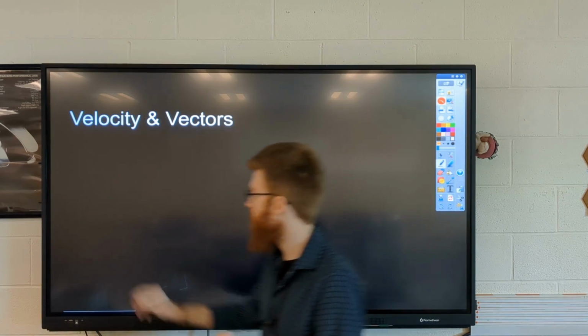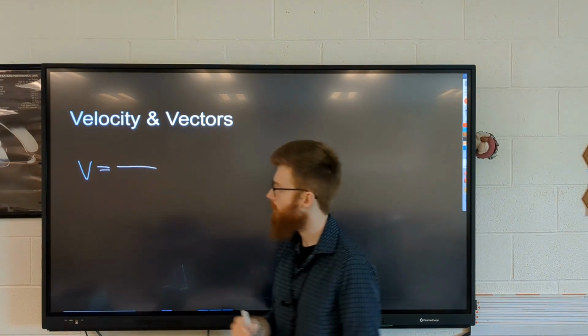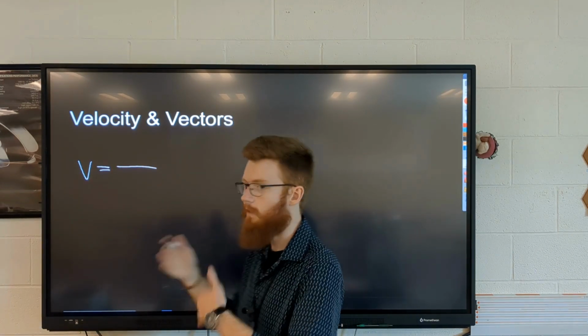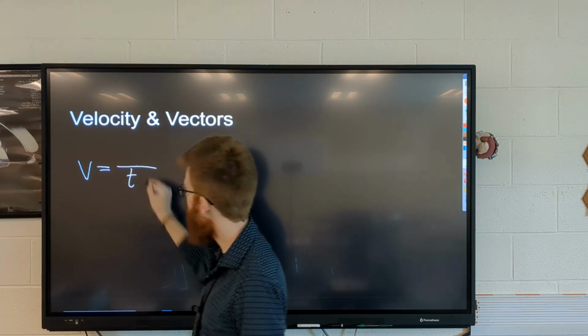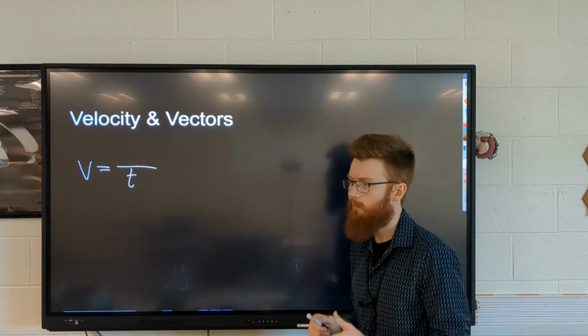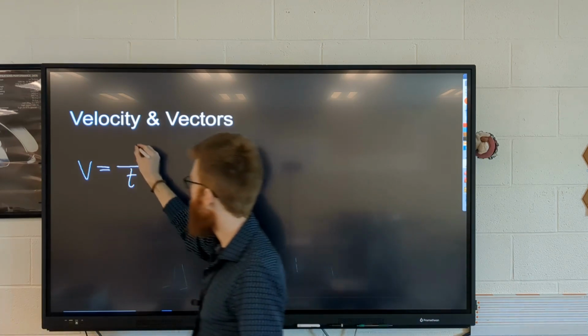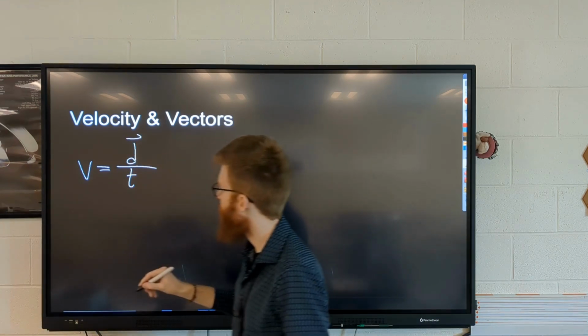Velocity is very similar. Velocity equals something divided by something. It's still a rate, so it's still going to be divided by time. But instead of doing distance divided by time, we need that thing that has direction, so we'll use displacement divided by time.